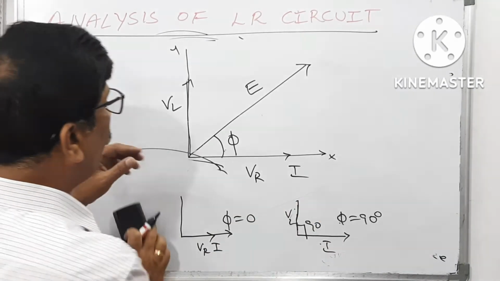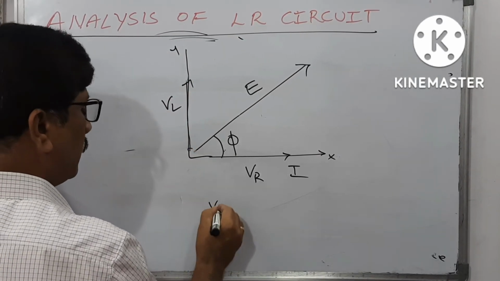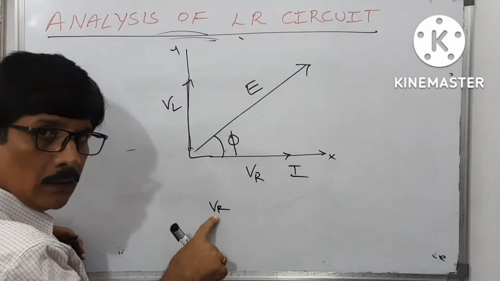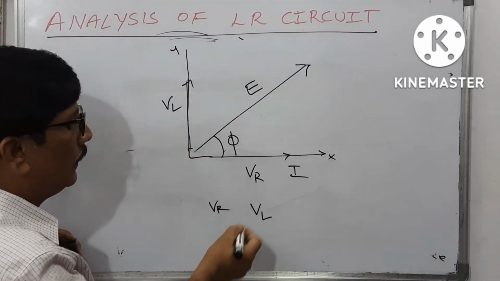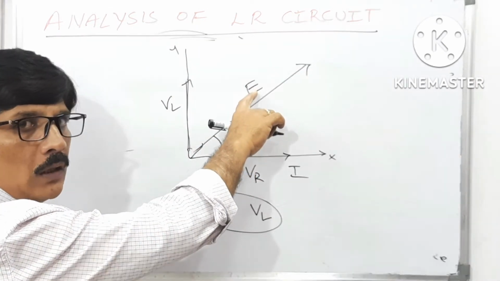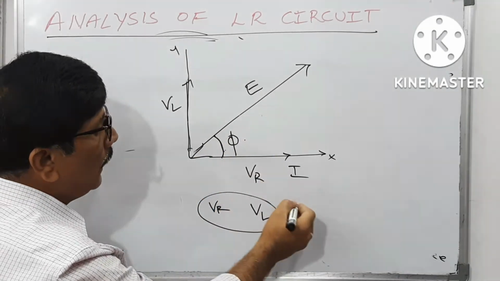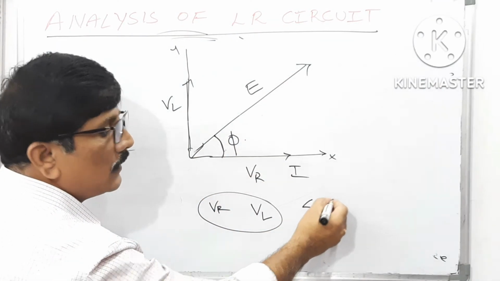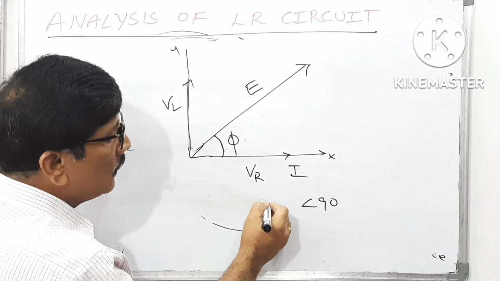But in this case, VR is the voltage across the resistor and VL is the voltage across the inductor. The combined instantaneous EMF at any instant makes an angle which is less than 90 degrees, but definitely more than 0 degrees.